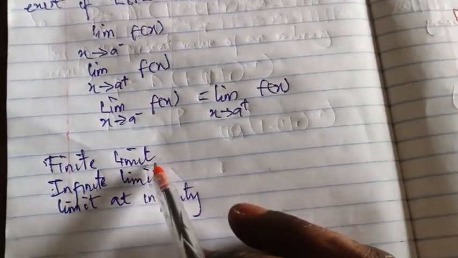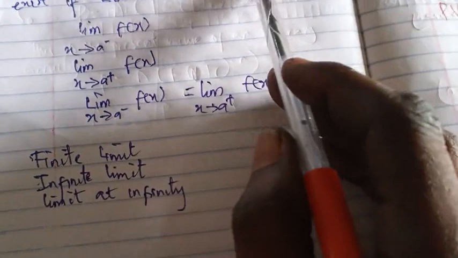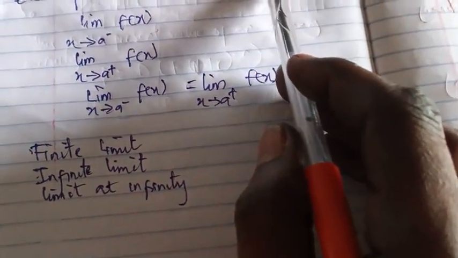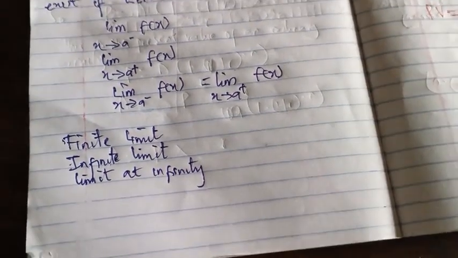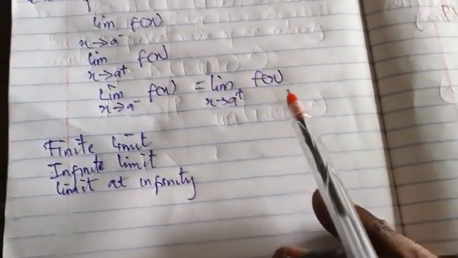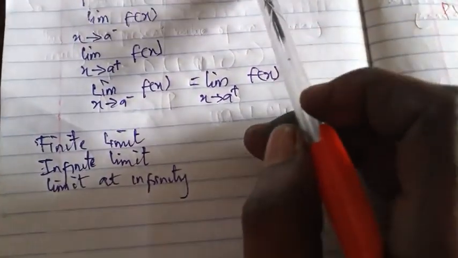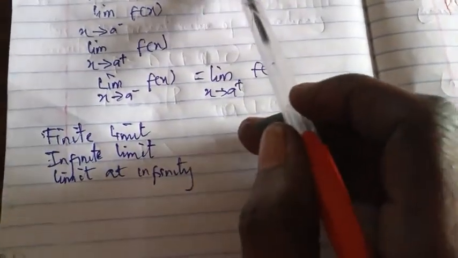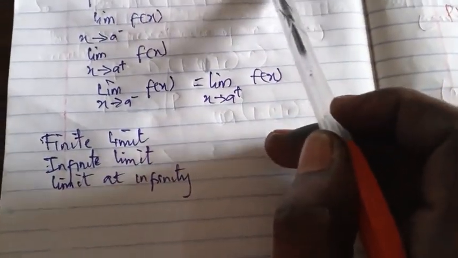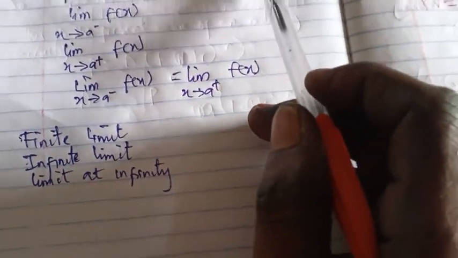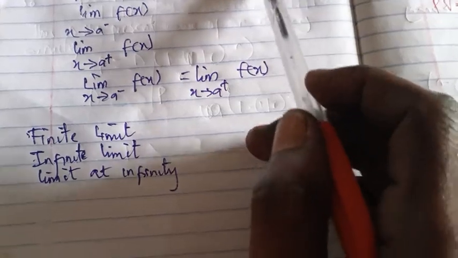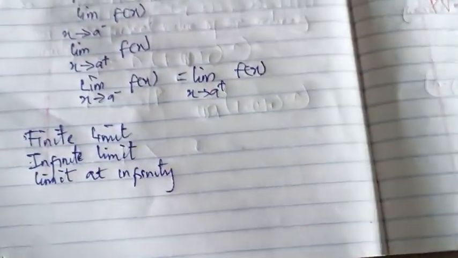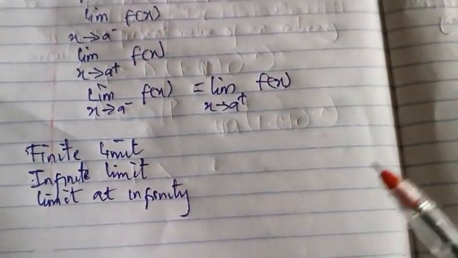Now, a finite limit is when both the point we are limiting to is a finite number and the output is approaching a finite number. As we say, limit as x is tending to a, if a is a finite number like 2, 3, 5, minus 2, 1 over 2, 0.5, 0, and the function is approaching a finite number too, we say that is a finite limit.